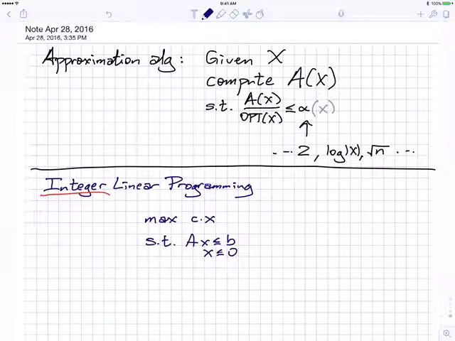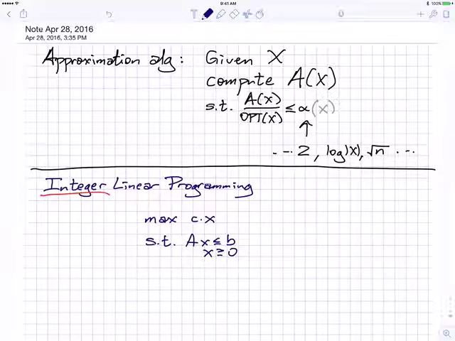And component by component, that product vector must be less than some vector b, which is again fixed by the problem. And moreover, each of the variables in the vector that I'm trying to compute must be non-negative.